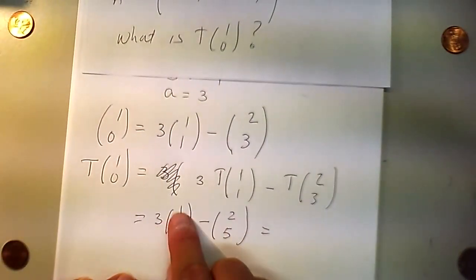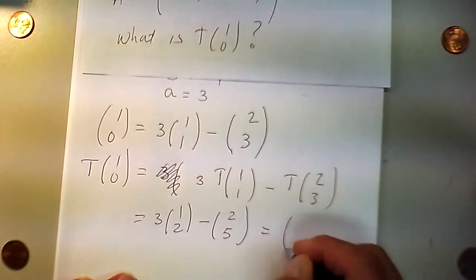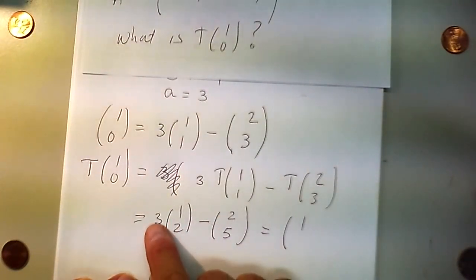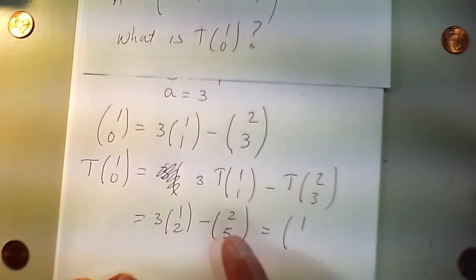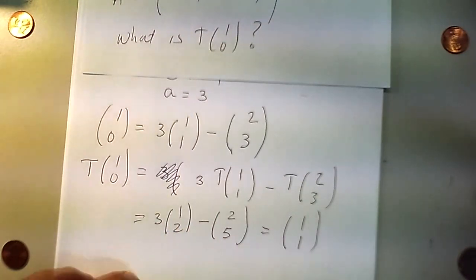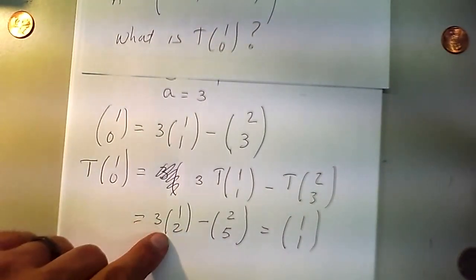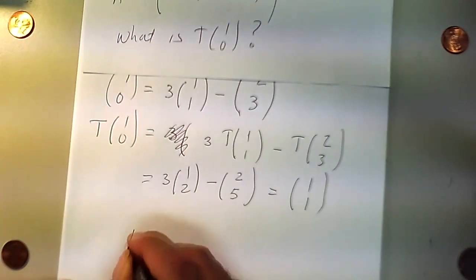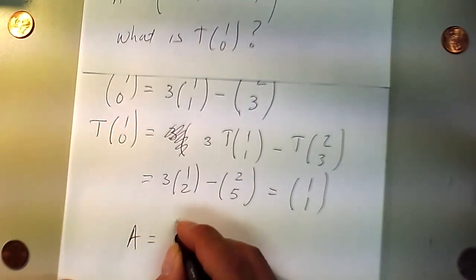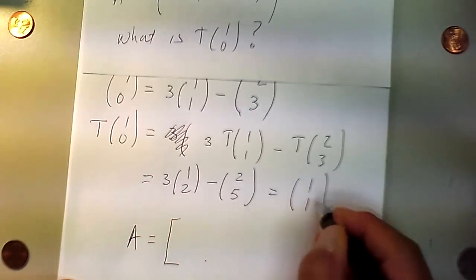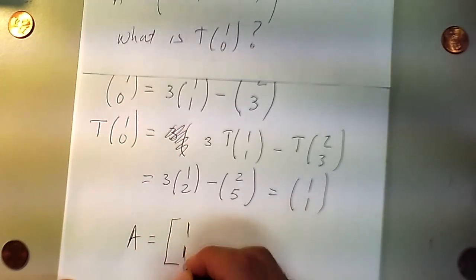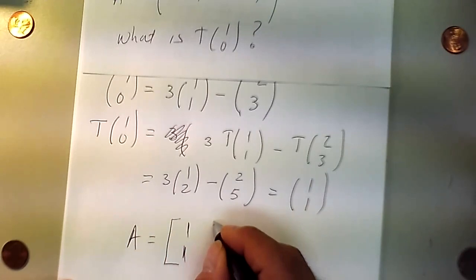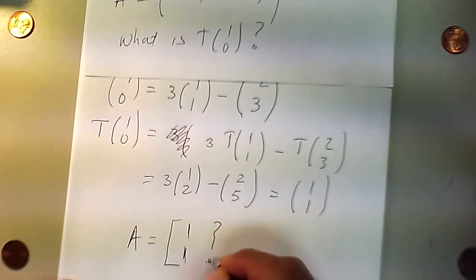So that means we have 3 minus 2, 1, and 6 minus 5, 1. Oh, that is interesting. 6 minus 5, 1. So remember, we're looking for a matrix A. The first column is (1, 1). Now we're searching for the second column.